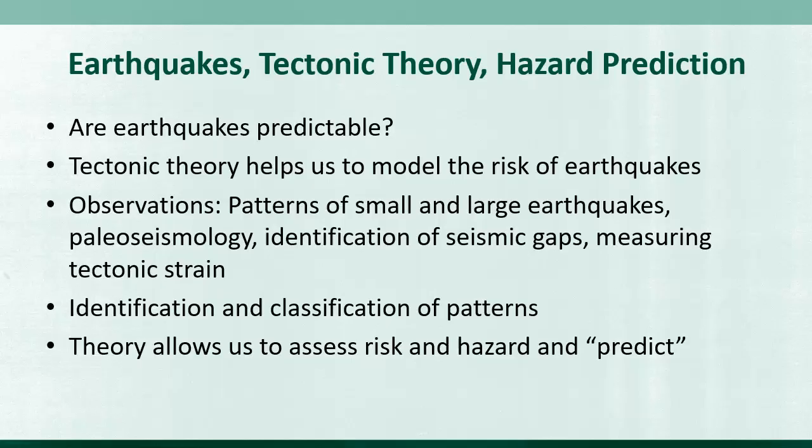It's based, of course, on observations of earthquakes, the patterns that are found, large and small, and studying what has happened in the past, or the paleoseismology of an area. Many parts of the world that are on very active zones have areas that have not experienced an earthquake in quite some time. That's referred to as a seismic gap, and it's often a good indication that a strong earthquake will occur there in the coming future.